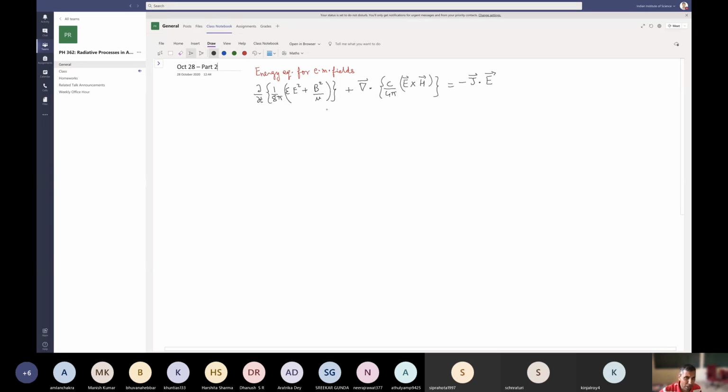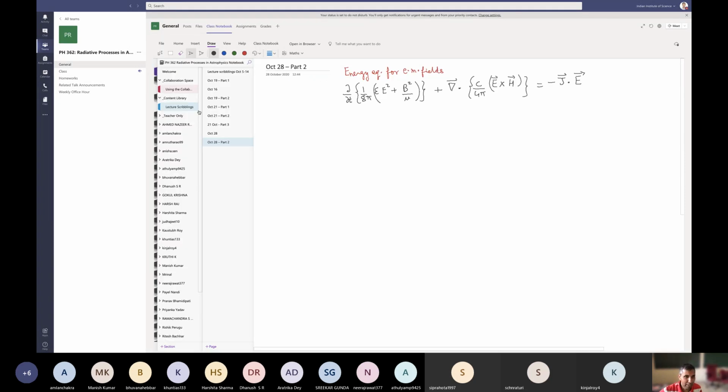Okay, so this equation can actually be obtained by, let me actually just show how we can get this.